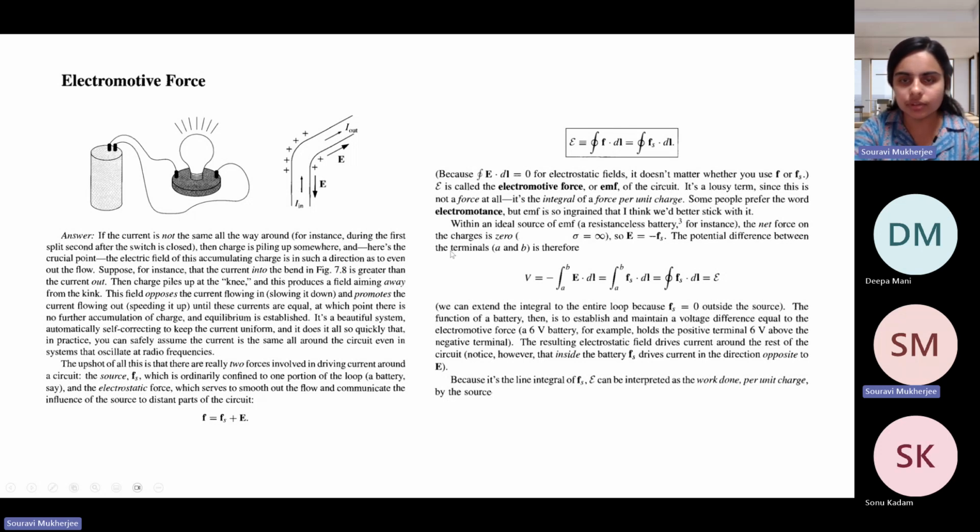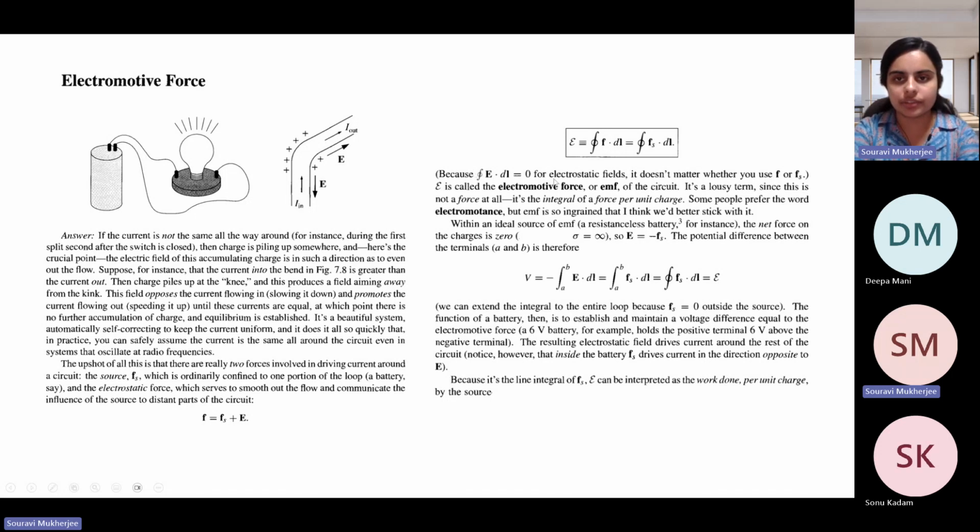Now we know that when we talk about work done, or potential difference, what is that? It's the amount of work done in moving some charge from one point to another, right? So you can define this quantity as the line integral of F dot dl, right?